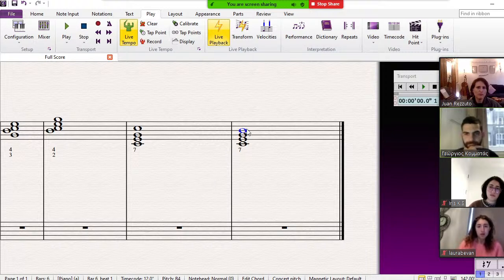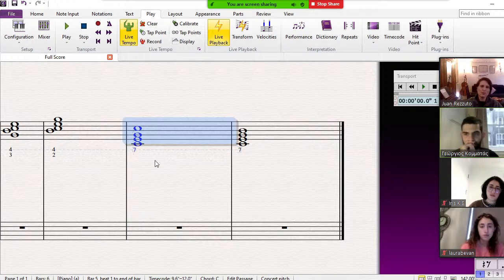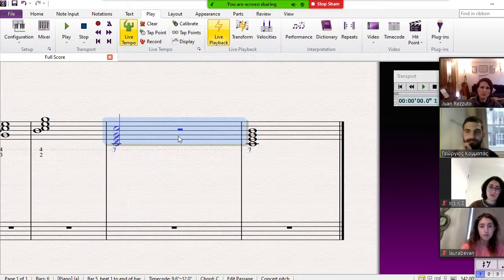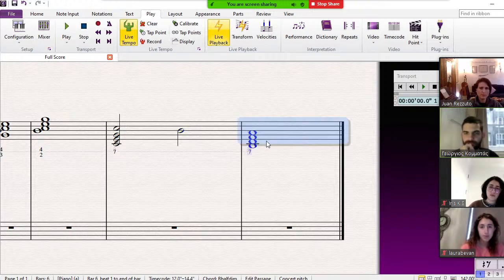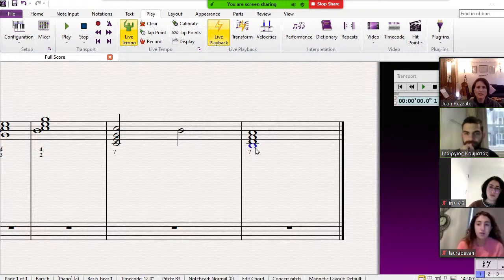If you have this chord, and this is your meter, and this is your pulse, and you subdivide this in two, and you put the seventh there, then most probably you resolve downwards in a consonance.